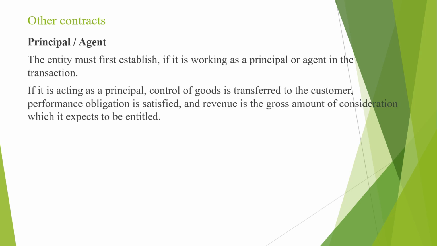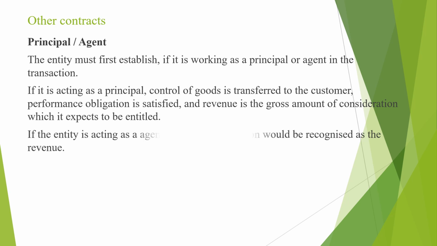So, if it is acting as a principal, the control of goods is transferred to the customer, the performance obligation is satisfied, and revenue is recognized in the gross amount of consideration which it expects to be entitled to. Okay. So, if the entity is a principal, you will recognize the full amount of consideration that you receive as your revenue. But if the entity is acting as an agent, only the commission would be recognized as revenue.